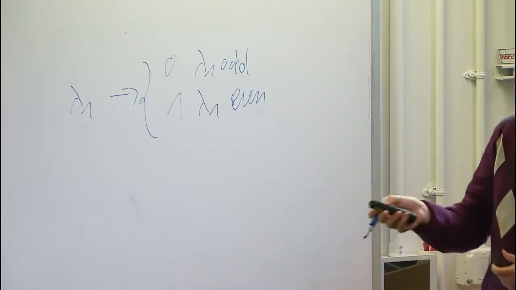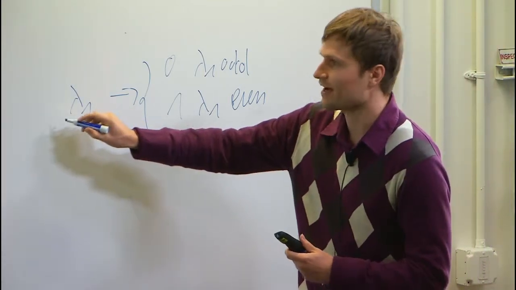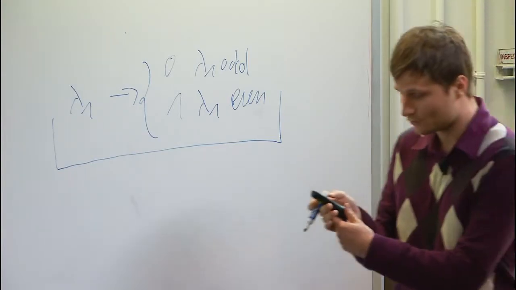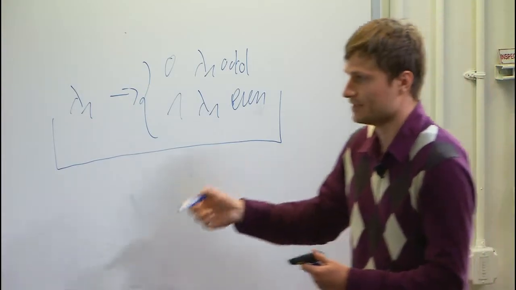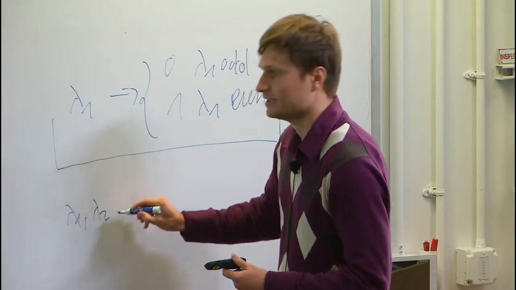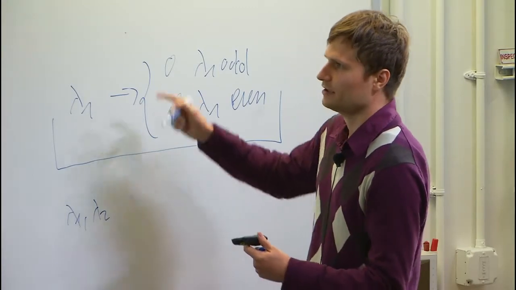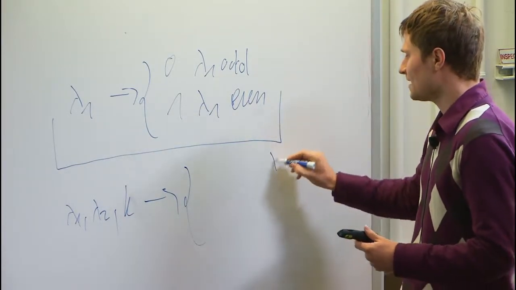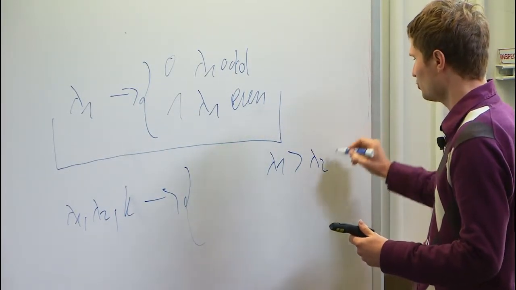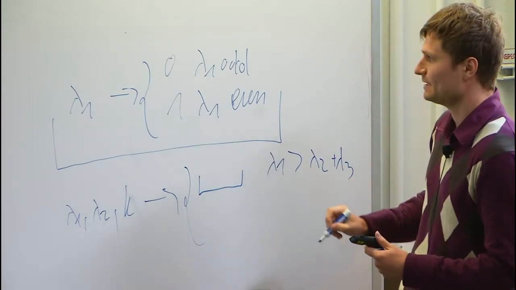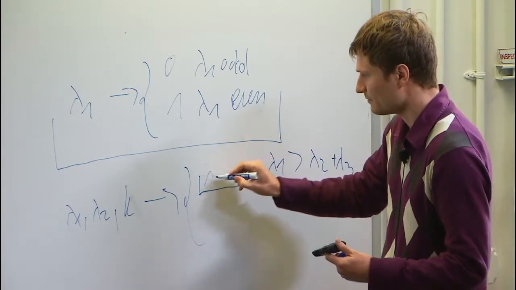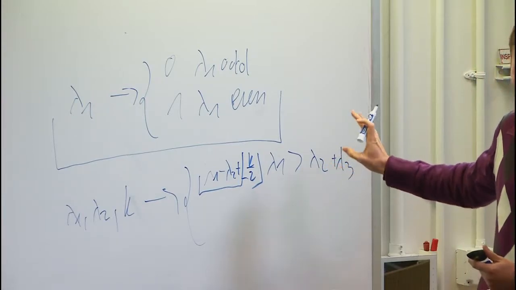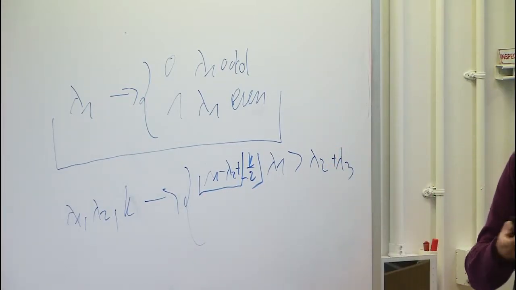And the formulas for S3 and S4 are of such a type. They take, of course, more lambdas, say k, and then it's like: if lambda 1 is greater than lambda 2 plus lambda 3, then an explicit coefficient that can have minuses, like lambda 1 minus lambda 2 plus floor of k divided by 2. This is not the result, but I'm just saying what type of formula one obtains.